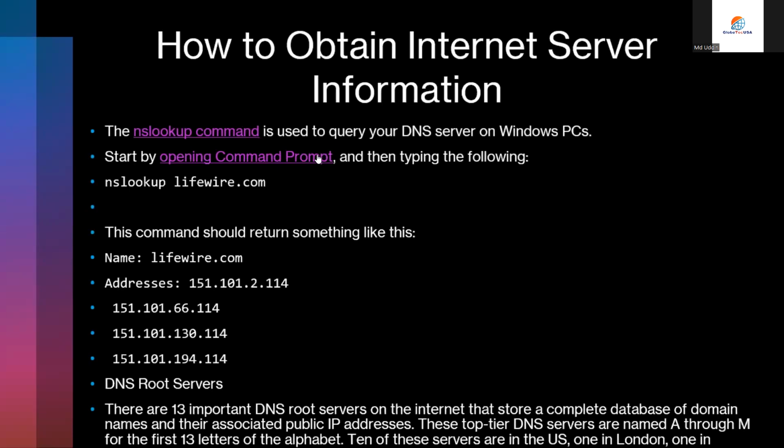So how can you obtain your DNS server information? There is an NS lookup command, which is used to query a DNS server on your PC. You can also open the command prompt and type the following. Open the command prompt on your computer and try to type this command.